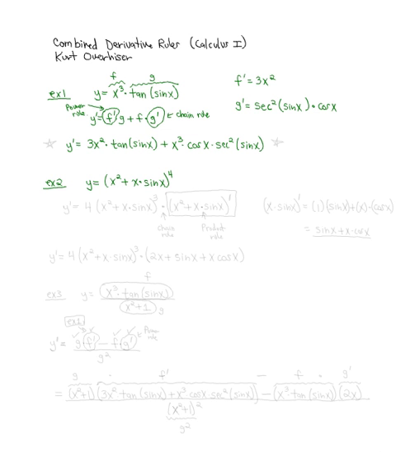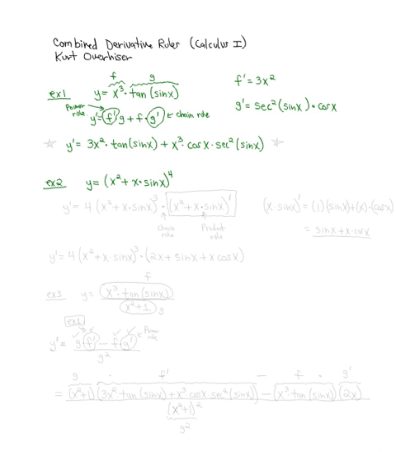So here, if you compare with example 1, we started off with the product rule first, and then we realized that in the process of doing the product rule, we had to use the chain rule. Here, we're going to start off with the chain rule first, and then we'll use the product rule later, or second.